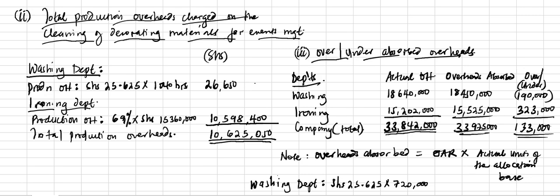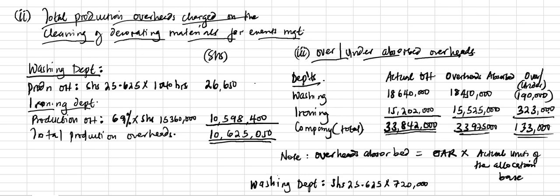It will be recorded as an expense in the current accounting period, whereas the over absorbed overhead of 323,000 is recorded as a reduction in expense for the period, so it is credited in the final account, that is in the statement of profit or loss. The 323,000 will be credited, so that is an income, a gain from over absorption.